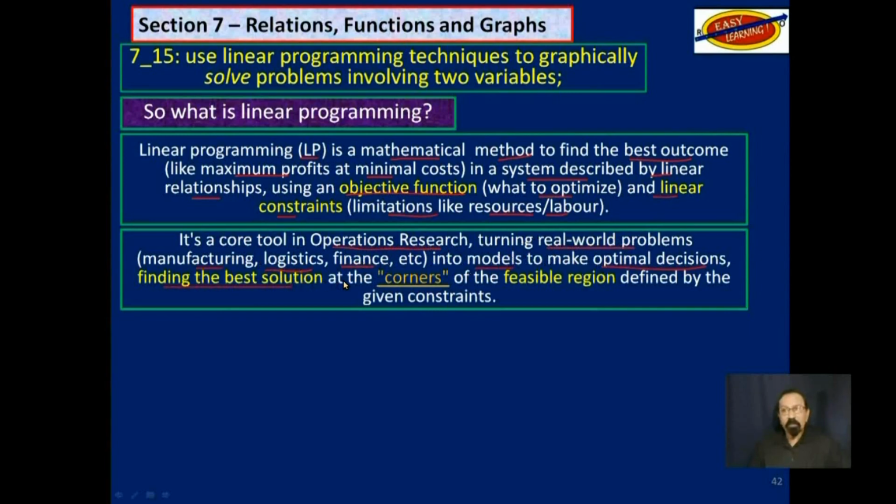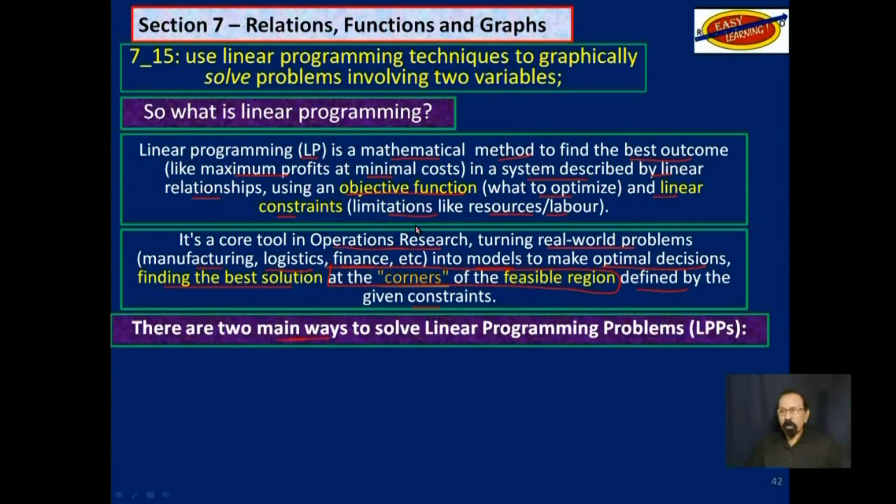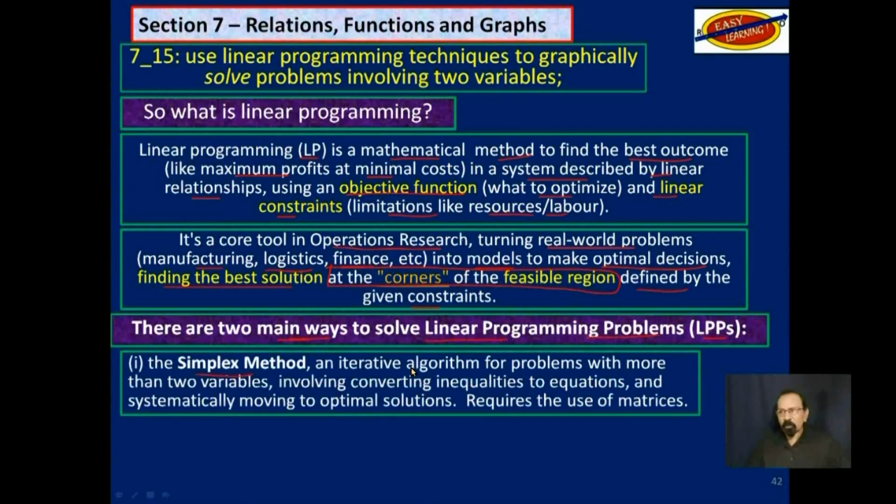And where do you find the best solution? At the corners of the feasible region. We will be using that extensively, defined by the given constraints. So that is what we are doing. There are two main ways to solve linear programming problems. The first one is the simplex method, and you would think that because it names simplex, that it would be simple. Actually, it's fairly difficult, and you have to use matrices.